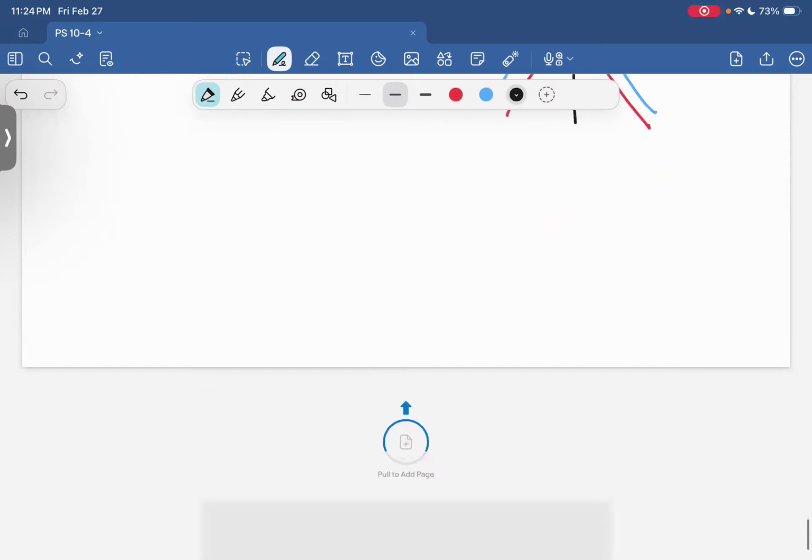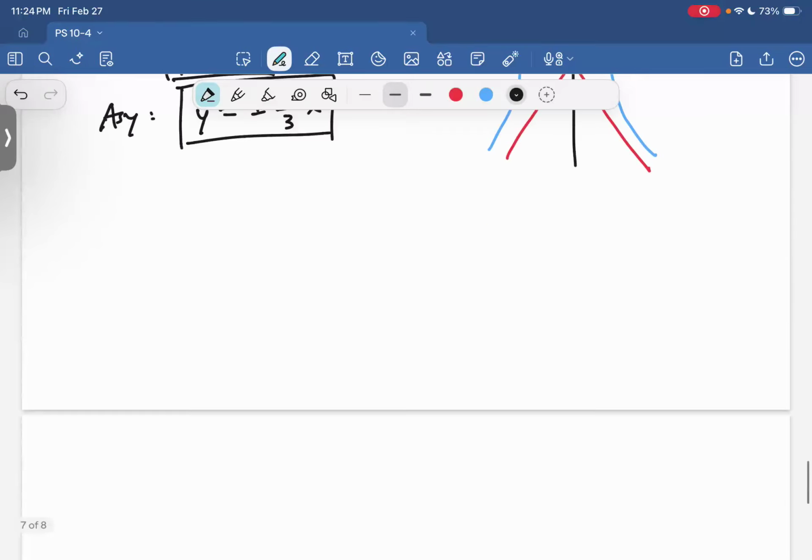Okay, question B. All right, so remember, in order for it to be a hyperbola equation, the right side has to be 1. So I need to divide by 2 first.